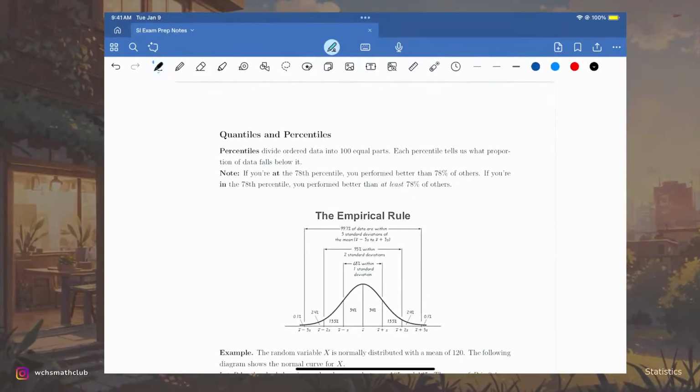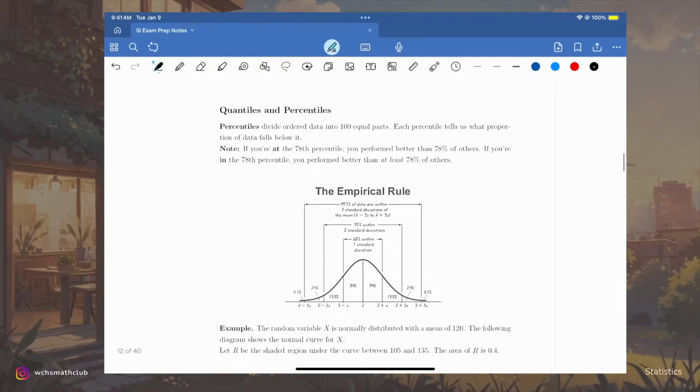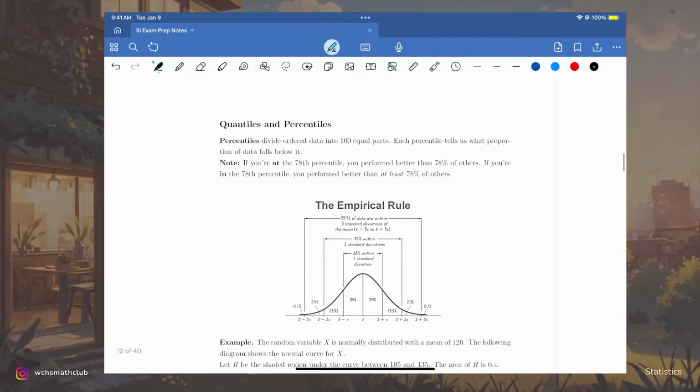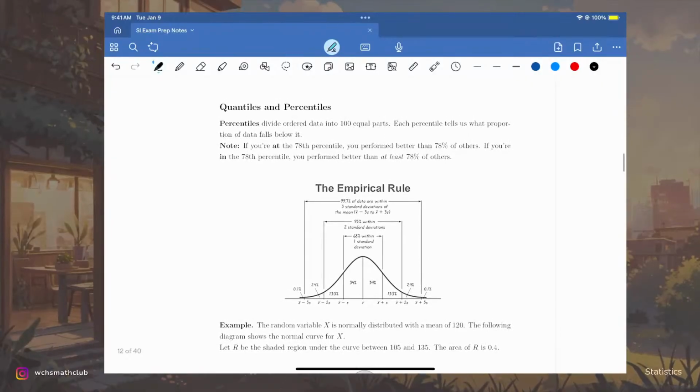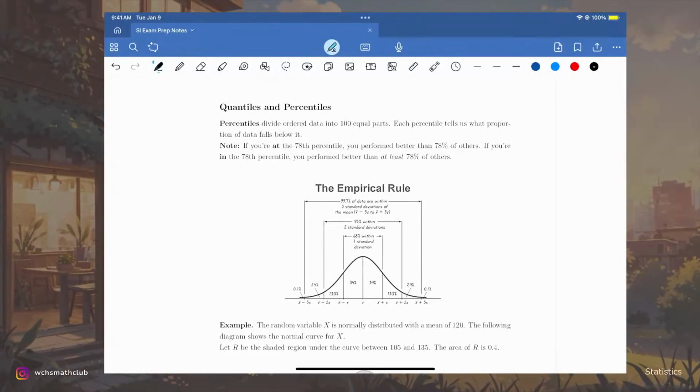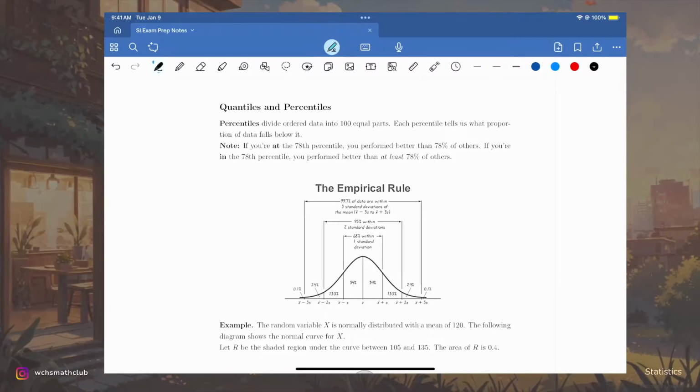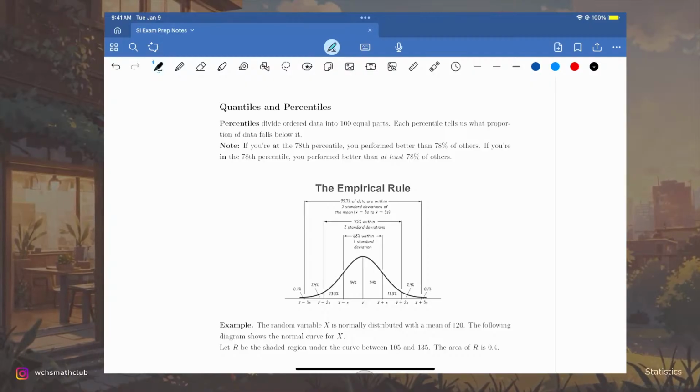Okay, and now for quantiles and percentiles, which can be kind of different. So percentiles, as per the name, is like percent. It divides the data into 100 equal parts, and the percentile tells you how much data falls below you in terms of percent. That means if you're at the 78th percentile, you're better than 78% of others.